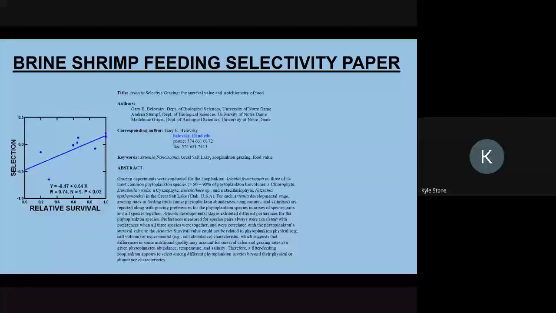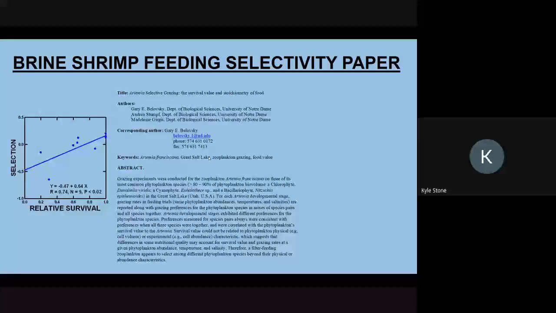It's what you'd expect. You eat the stuff that you do best on. And there's a shift, especially among the adults. For juveniles and nauplii, the second most preferred food is Euhalothece, the cyanobacteria. The adults have a different second preferred food, which is the diatom.